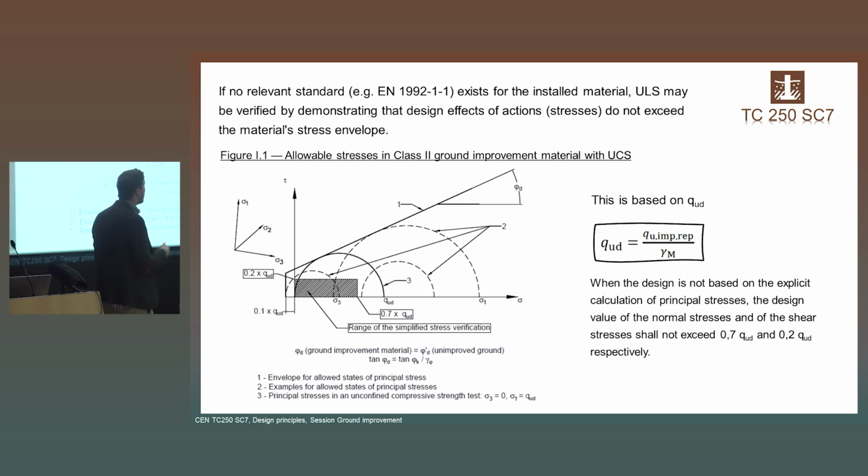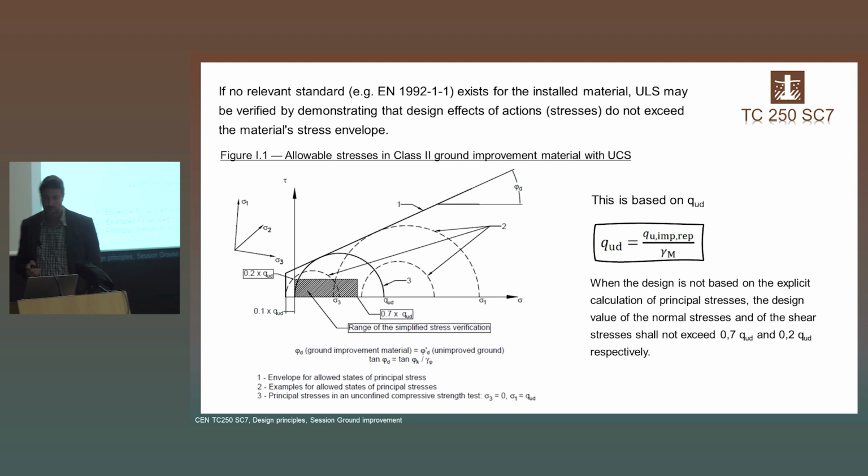But this is if you are using an explicit calculation of the principal stress in your design approach. If you have a separate computation of the shear stress and the compressive stress, you have to apply this range of simplified stress verifications with an extra factor of 0.7 on the design value that you just computed. And for the shear stress, it is taken equal to 0.2 times the design value of the UCS.